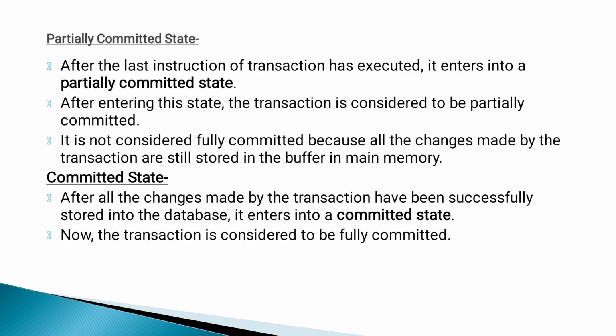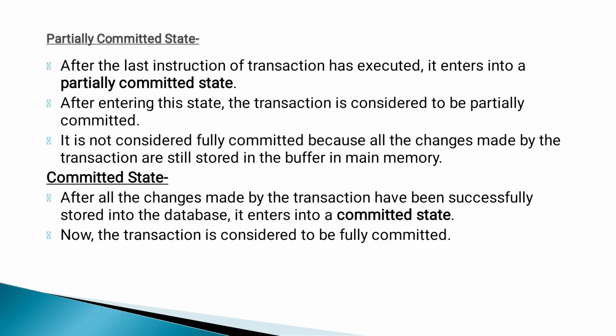After the execution of the active state, the transaction moves to the next state, which is the partially committed state. In this state, the execution has happened partially. It is not considered fully committed because the changes made by the transaction are still stored in the buffer of the main memory.